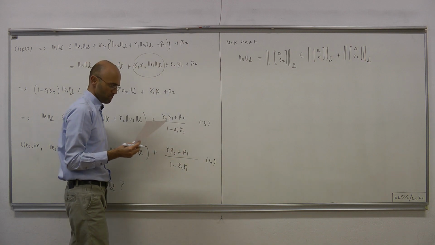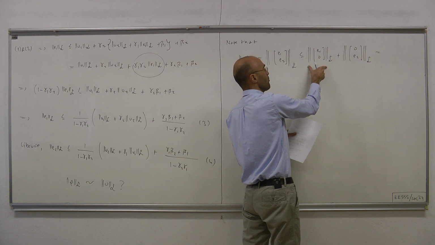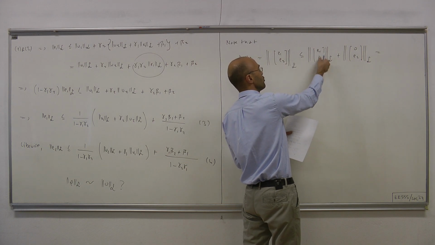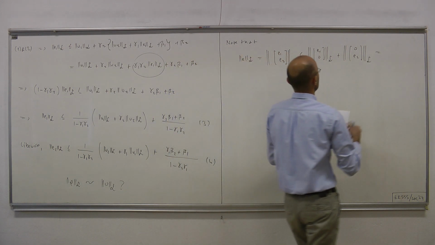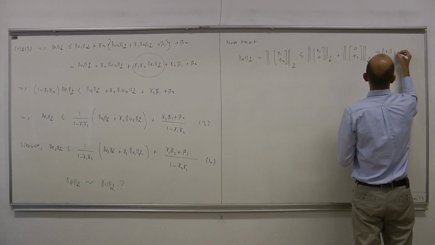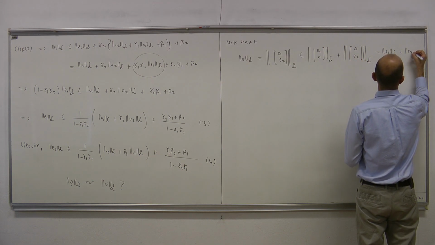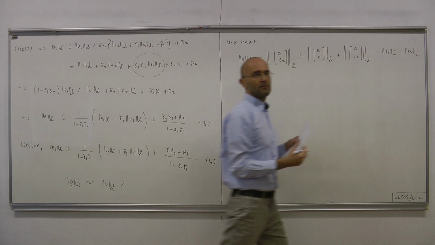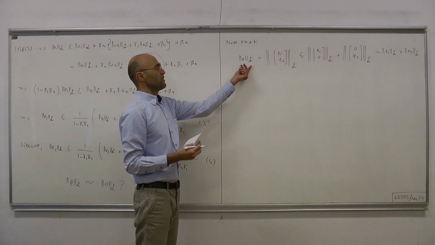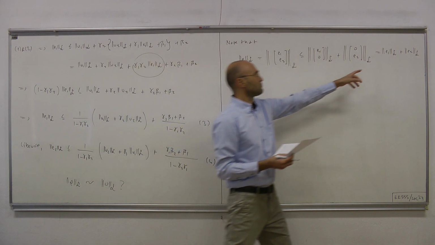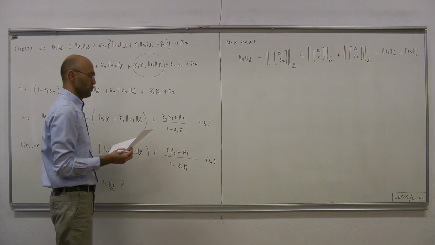And the norm of this vector is the same as the norm of its non-zero component, which is E1. Therefore, we can write the norm of E1, and likewise for E2. So that was our first observation: the norm of E is less than or equal to the sum of individual norms of its constituents.